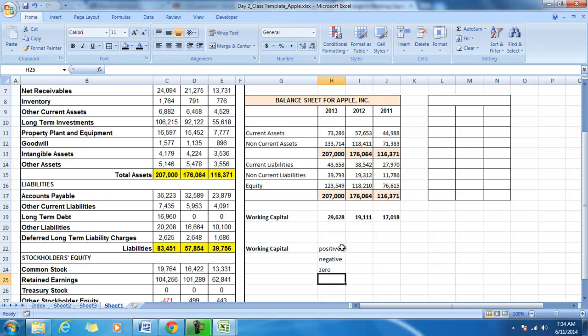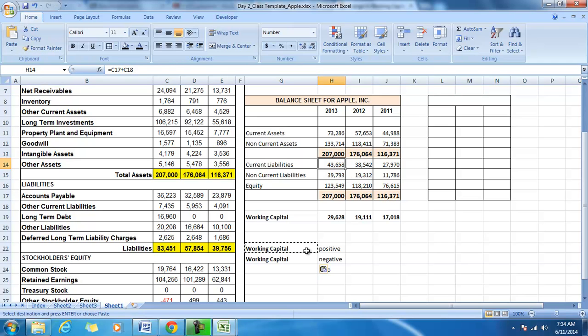So in other words, if working capital is positive, which is the case in Apple, a part of the current assets are financed by the non-current liabilities and non-current sources. But if the working capital is negative, that means part of the non-current assets are also said to be financed by the current liabilities.